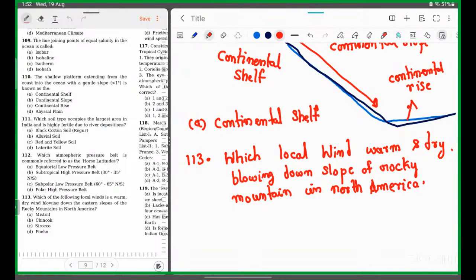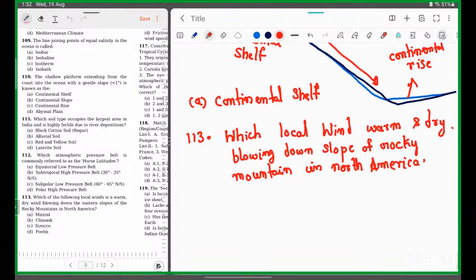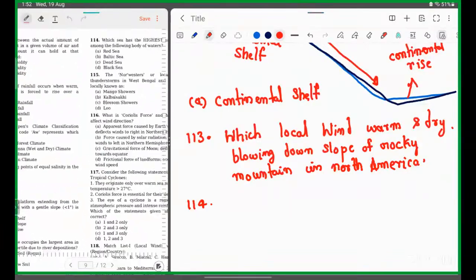Okay. I told you why the other options can't be the answer.